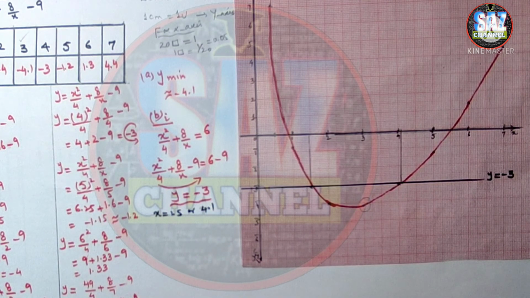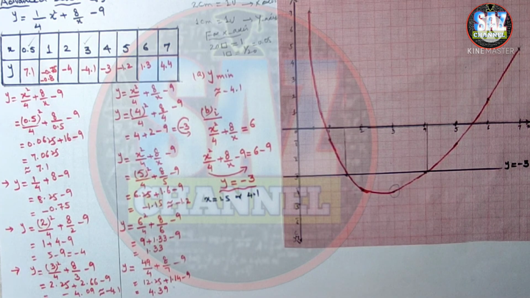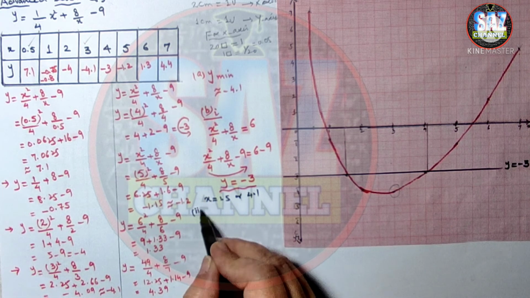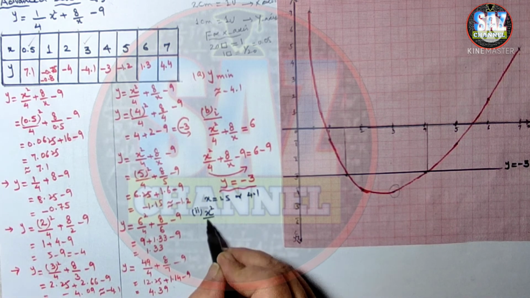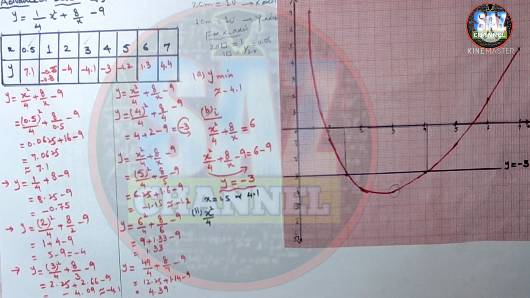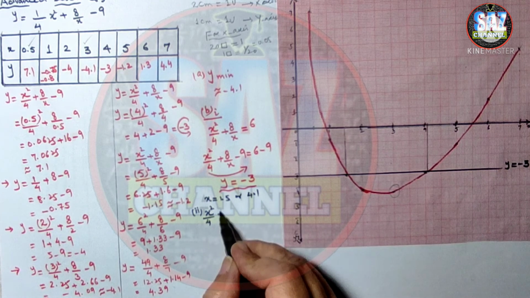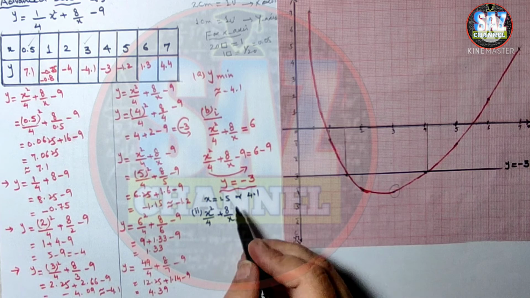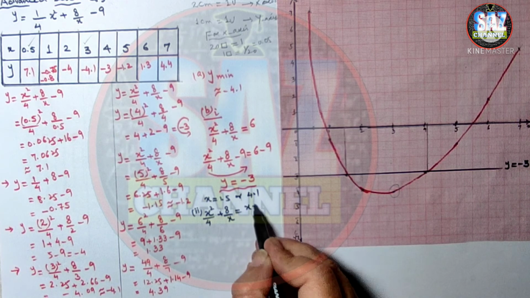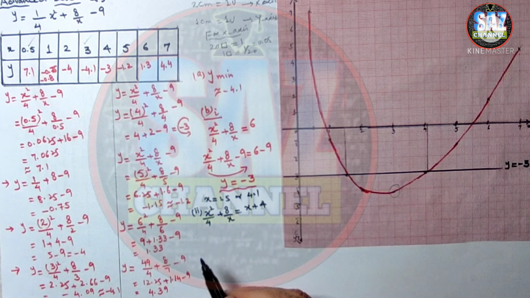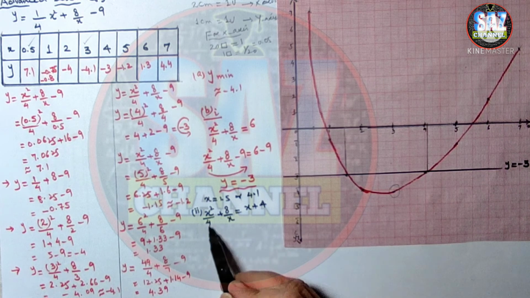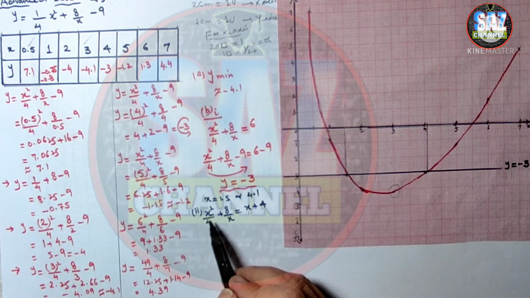And the next part says, the second part is x square by 4 plus 8 by x equals x plus 4. Again, what we have to do is compare this part with the equation which is given in the question.